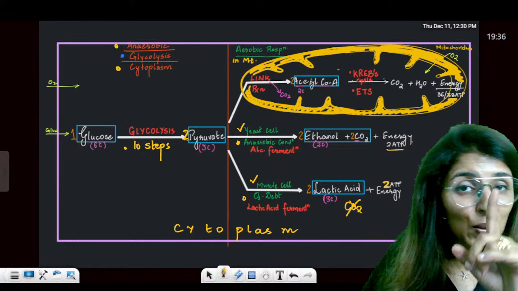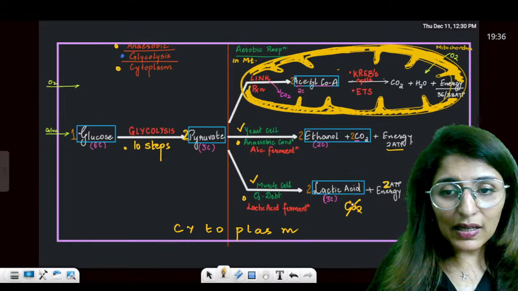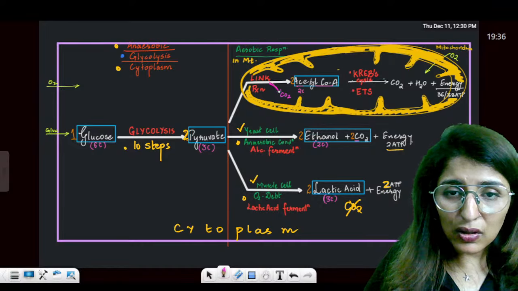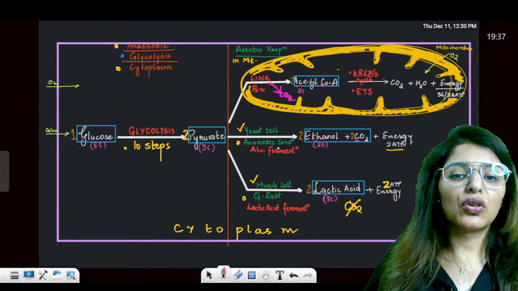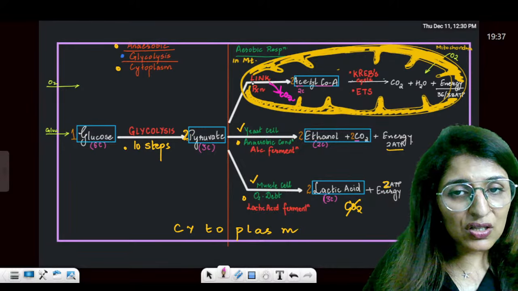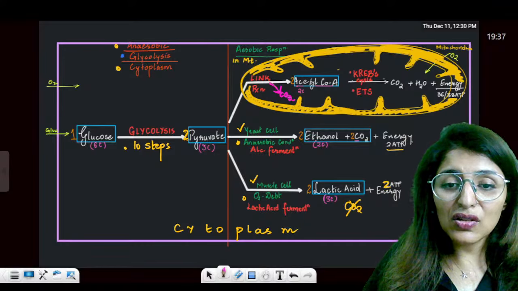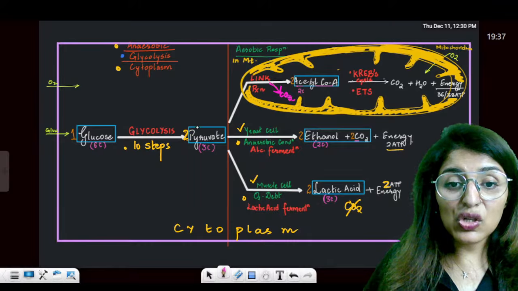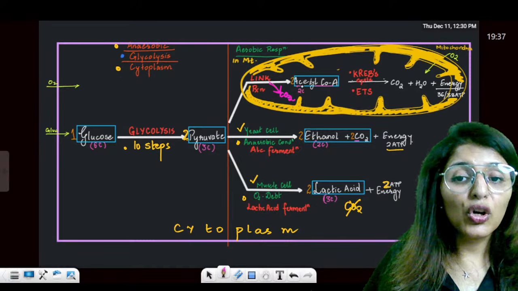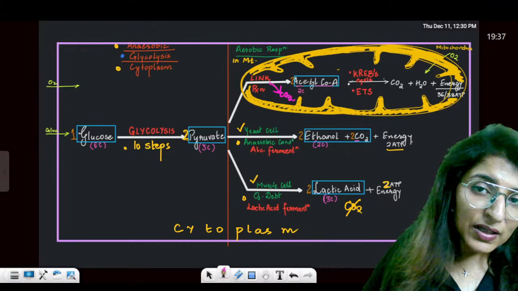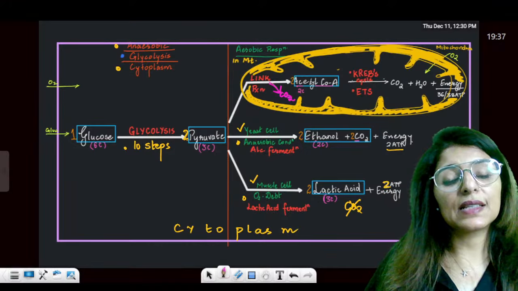So it means one carbon is lost in the form of CO2. This reaction is known as the link reaction, which converts the 3-carbon compound pyruvate into the 2-carbon compound acetyl coenzyme A, and one CO2 is released. Are these points clear?